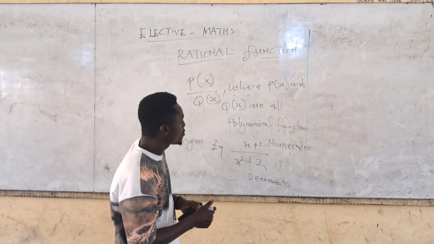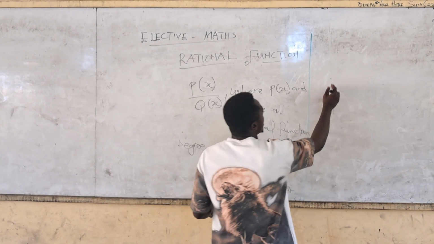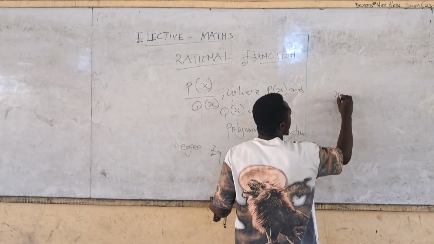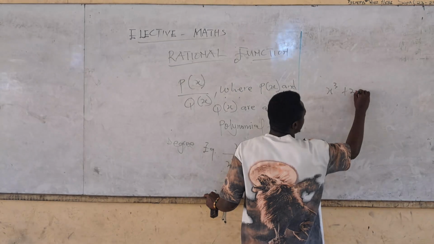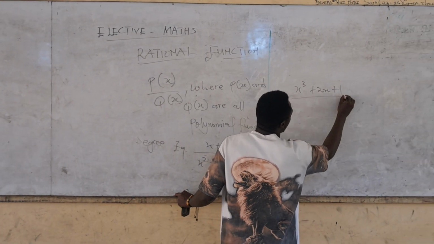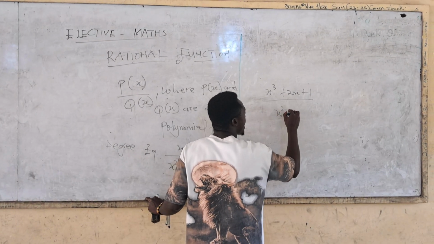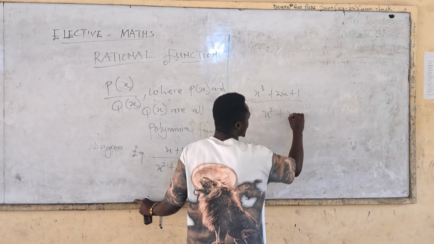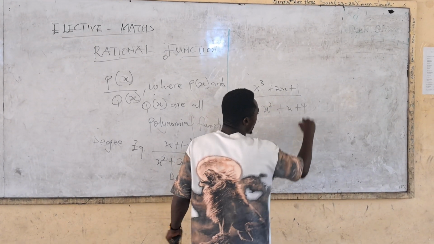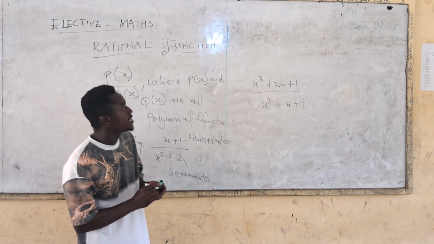So for example, when you have x to the power 3 plus 2x plus 1 all over x plus 4, let's check the degree.